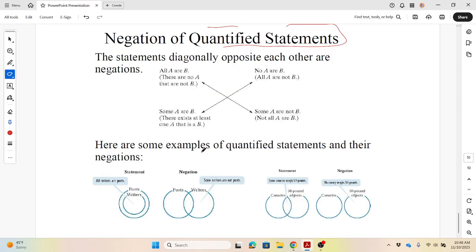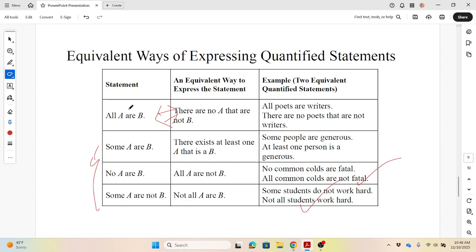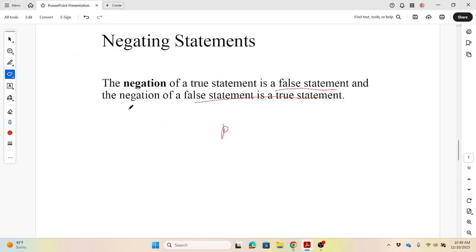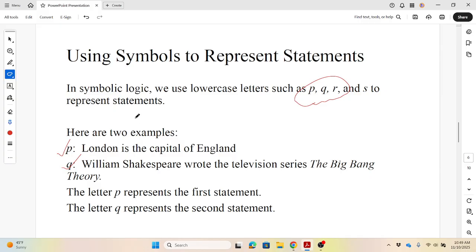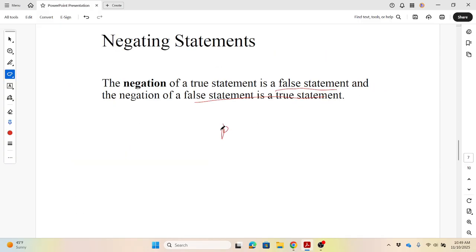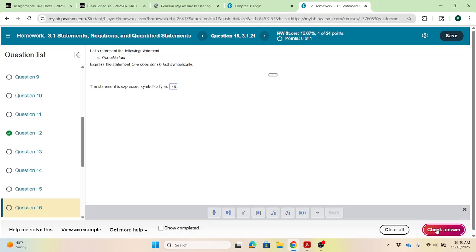Did I miss somewhere the symbol? Yes, I did. The negation of any statement has a negation symbol. So if you have a statement p, the negation of p is written like this. That means it's the opposite. Okay, I missed that. That's the symbol.